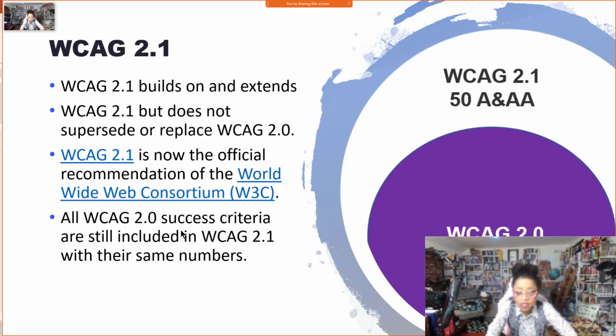Now, these guidelines address accessibility of web content on desktops, laptops, tablets, and mobile devices. So following these guidelines will also often make web content more usable to users in general, but it will never fully cover every person. With WCAG 2.1, the success criteria were written as testable statements that are not technology specific.